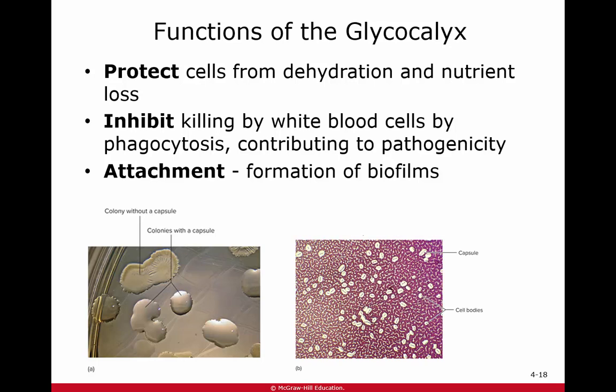So again, I've already said that it's used for protection. It keeps the bacterial colonies or cells from drying out, dehydrating, and losing nutrients. It helps to inhibit phagocytosis, and remember that's cell eating. So if you think about this for a minute, if a bacteria cell were to come into my body, the immune system would see it and go, hey, you're not supposed to be here.